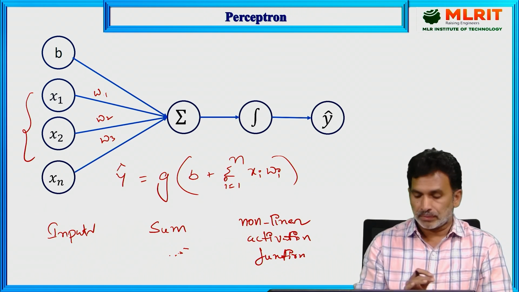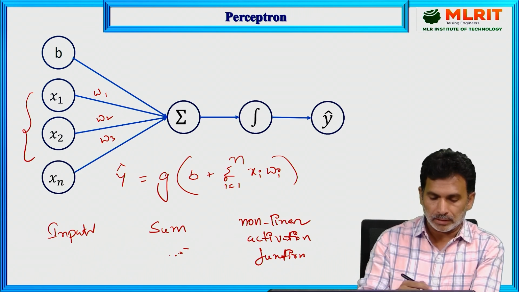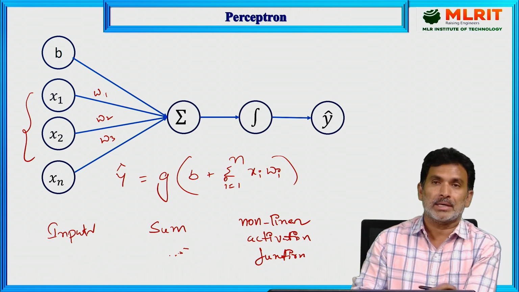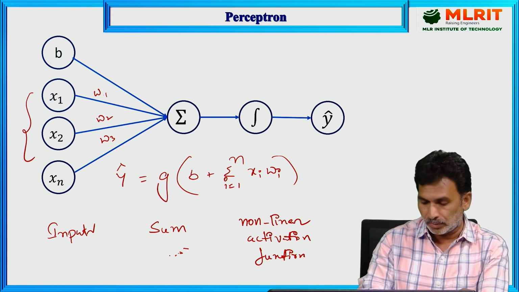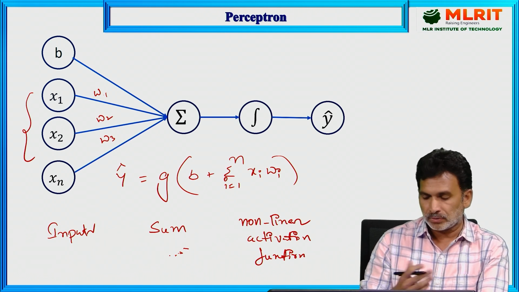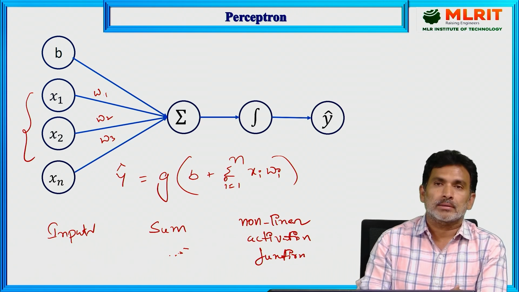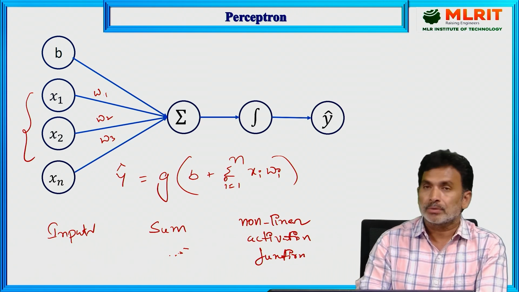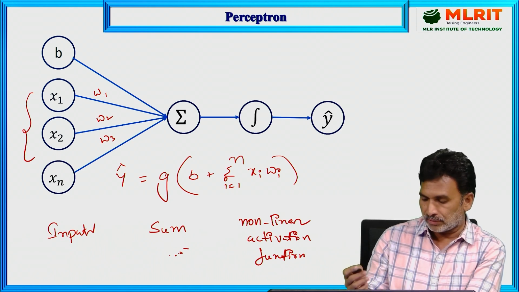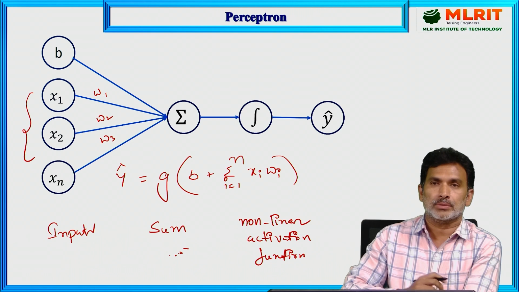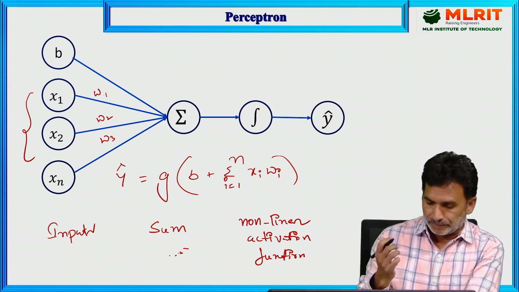This is what we discussed in the previous lecture: the inputs are multiplied with the corresponding weights, a bias term is added, and the result is passed to the nonlinear activation function. As we discussed, the bias term is introduced to shift the activation function left or right, and the activation function is mainly used to introduce nonlinearity.